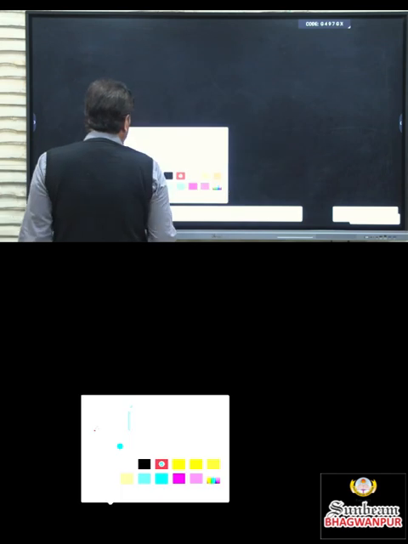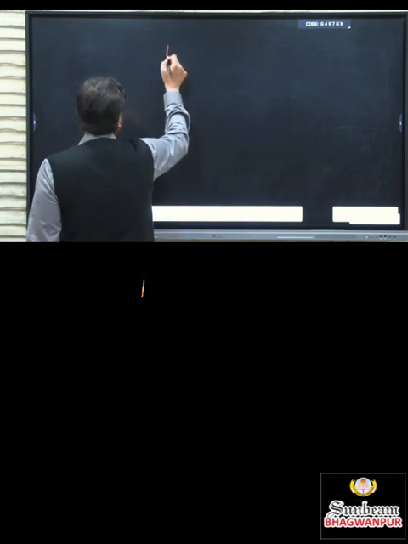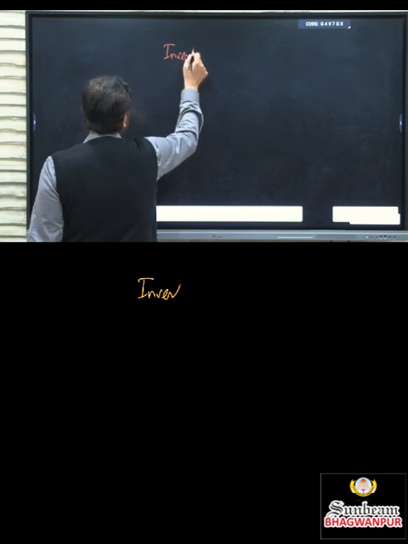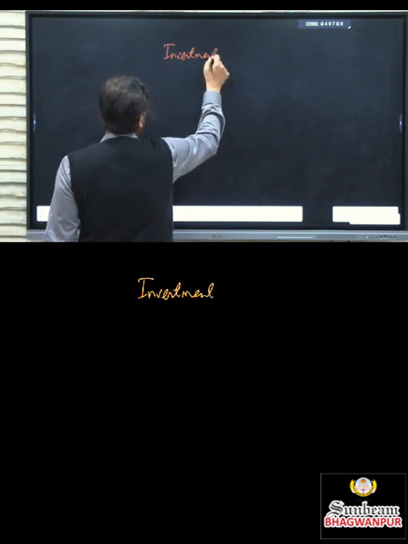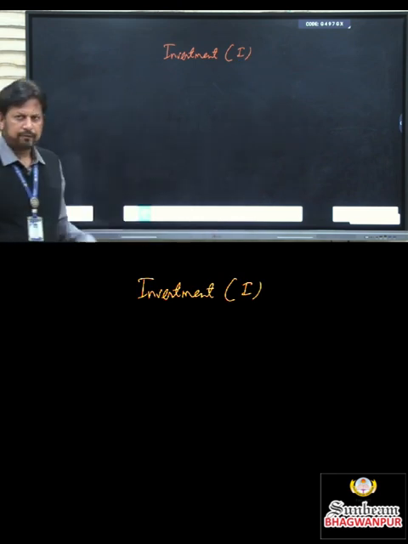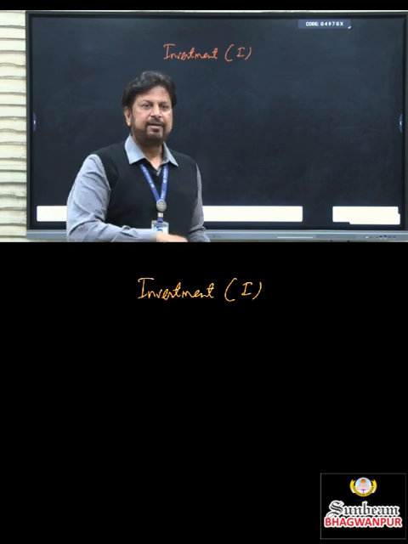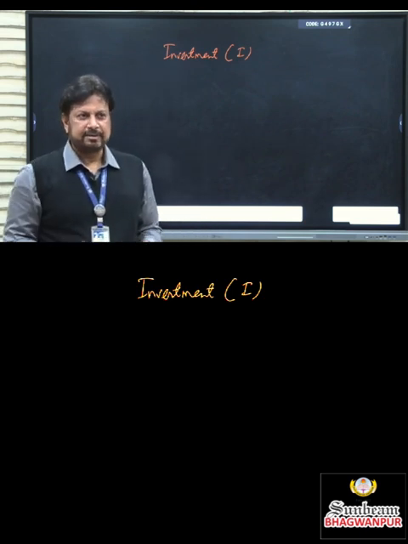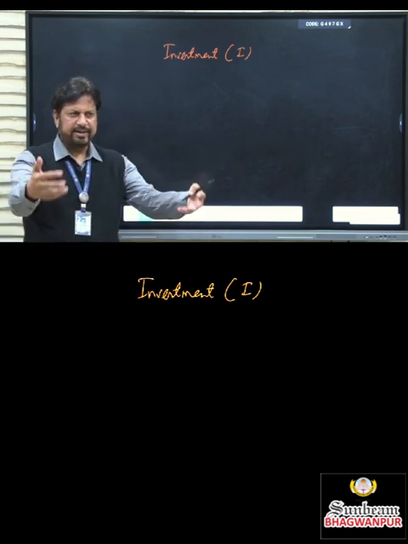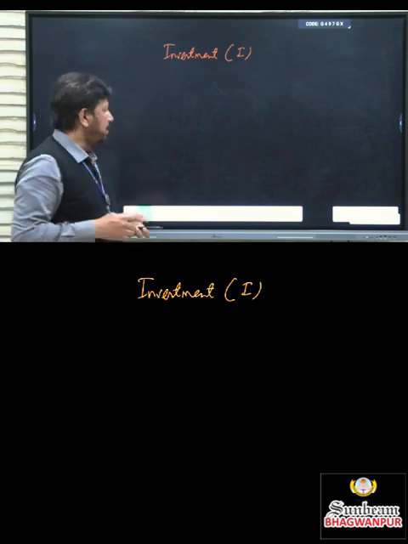The next important component is investment, I. I hope all of you know what investment is. Investment is actually an increase in the stock of capital assets or an increase in the capacity of a firm to produce more.